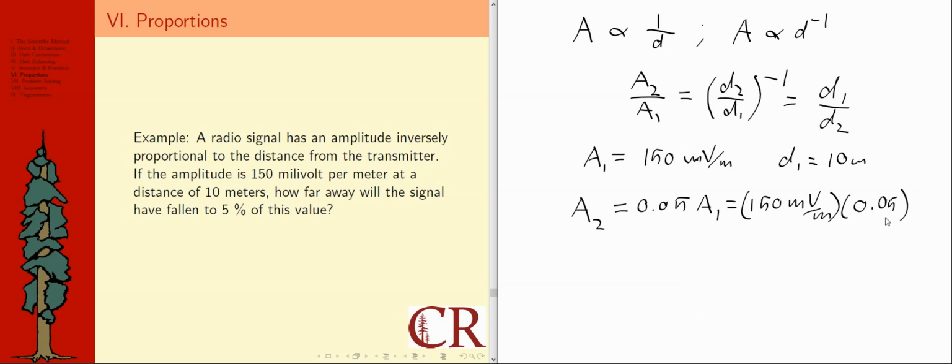I could use this to find an A2 and then do everything the way I usually do, but maybe another, more clever way, instead of actually doing that calculation, is to recognize that 0.05 as a number, which represents that 5%, is really equal to the ratio of A2 over A1.